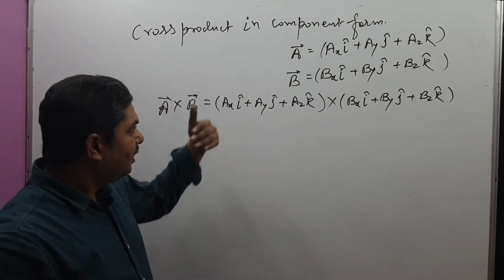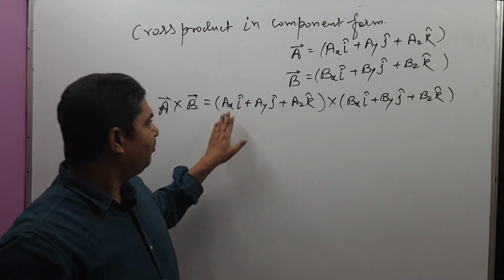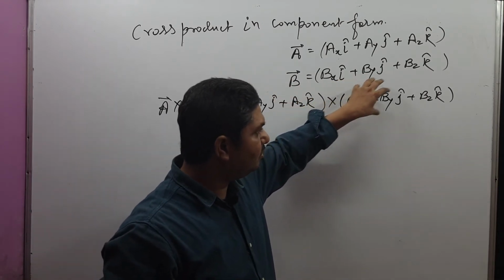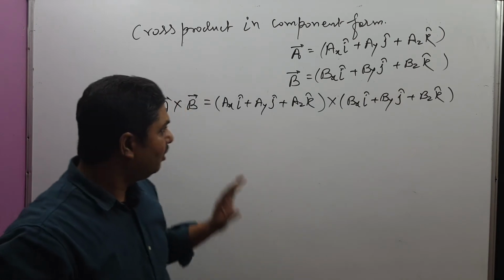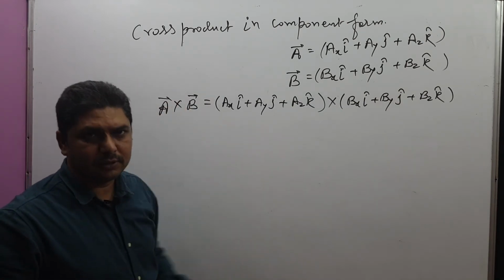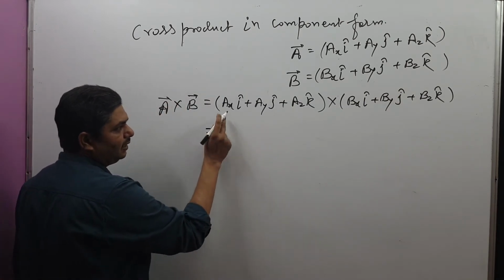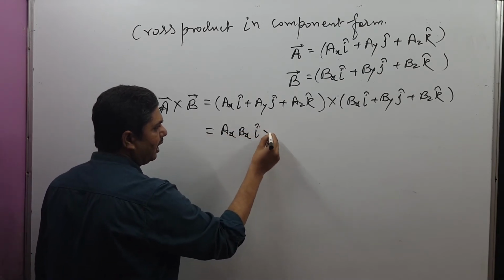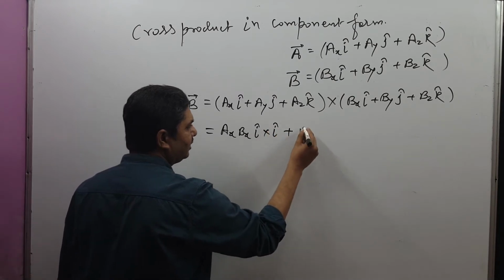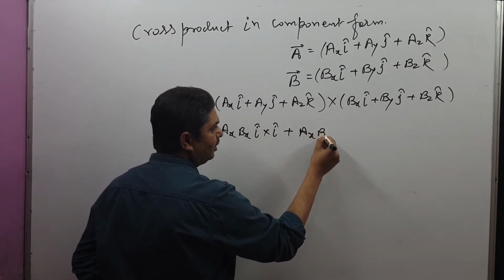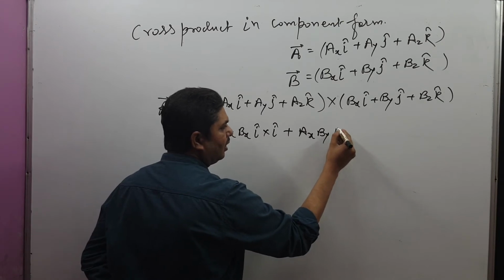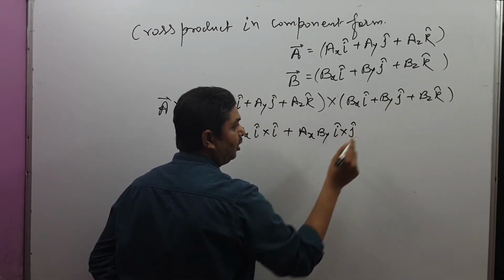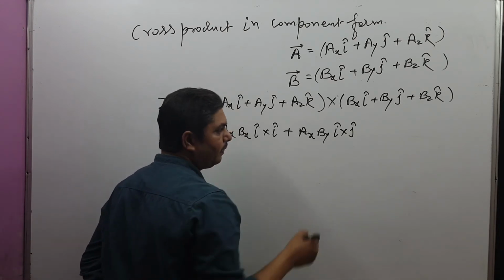After that, taking the product of the first term with the first, second and third terms in proper patterns, we can write it AX BX i cross i plus AX BY. See the pattern, i is the first term and j is second. So we write i cross j. Do not write j cross i.